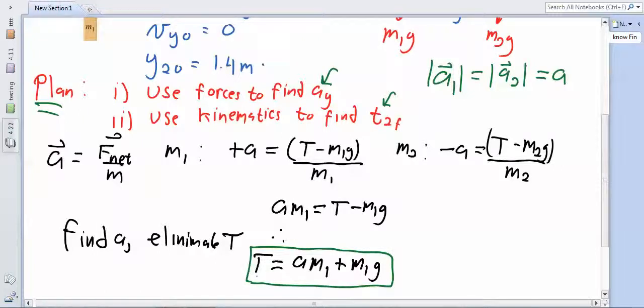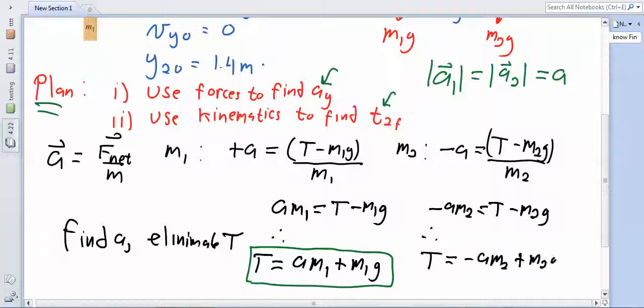And then if I do the same thing for the mass M2, I cross multiply and I get negative A times M2 equals T minus M2G. And if I solve that for T, I get negative A times M2 plus M2G. And again, I'll put a green box around that equation.